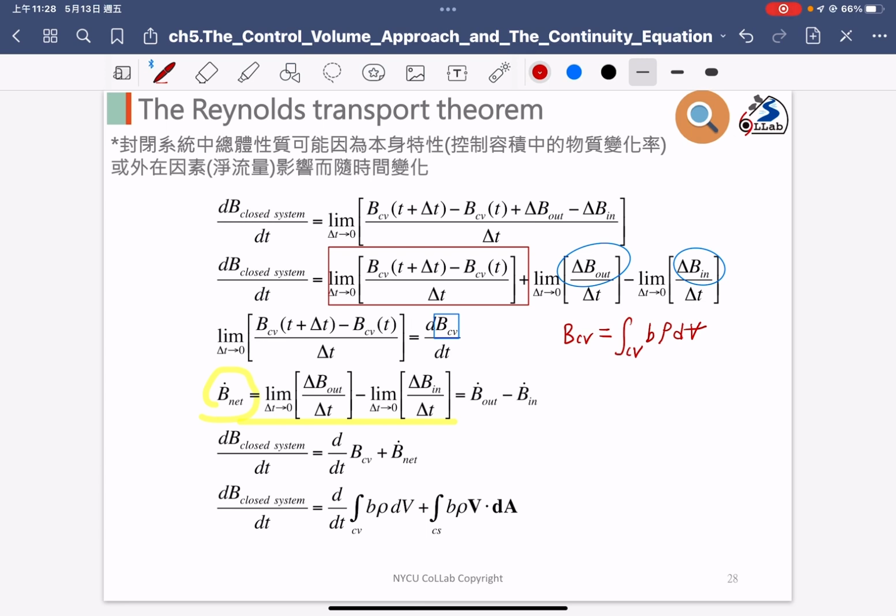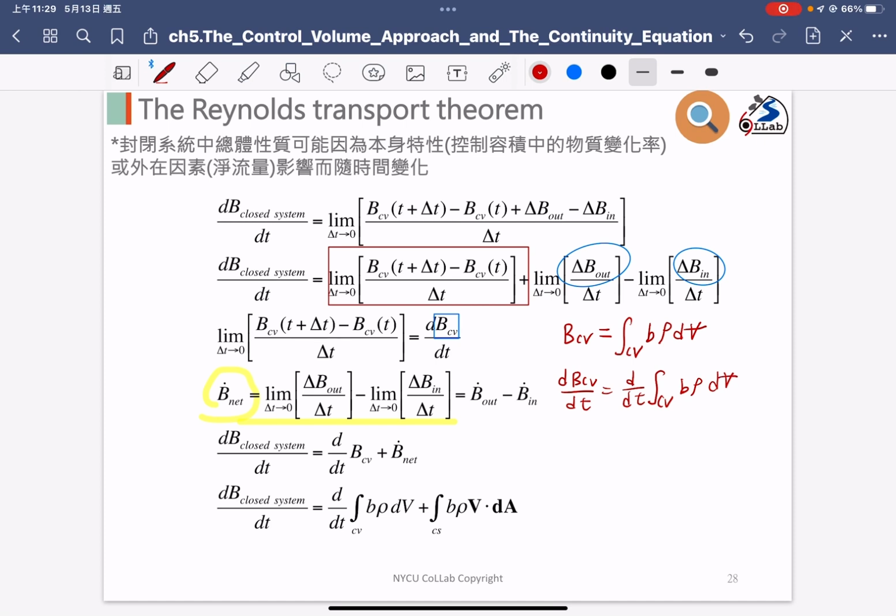So we can compute the BCV change with time, dt.